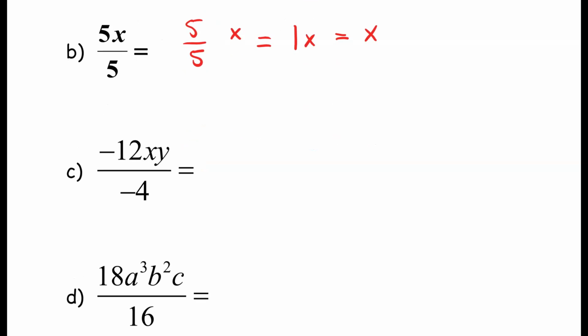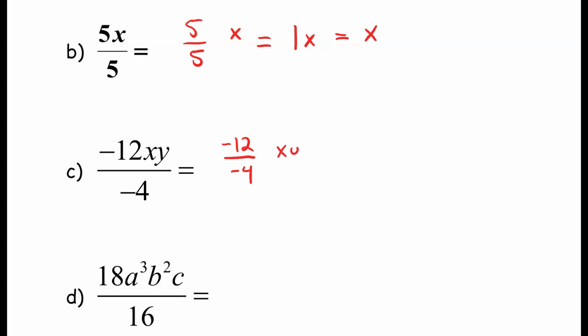For c, we have negative 12xy divided by negative 4. So this one here, we want to address the coefficients, which is negative 12 divided by negative 4. Remember, we have to follow the same rules as we have in all the other units. Two negatives will create a positive.